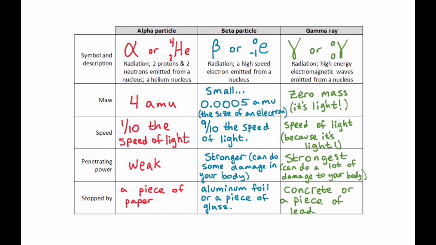That will probably be able to stop most of the gamma rays from entering your cells and breaking up some of those bonds that exist in your DNA. So that's that. Those are the three major emissions from radioactive material: alpha particles, beta particles, and gamma rays.